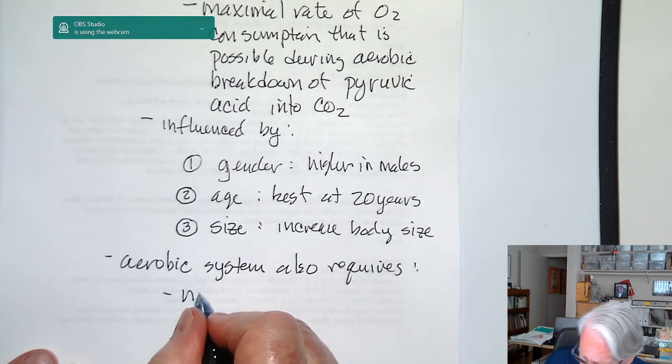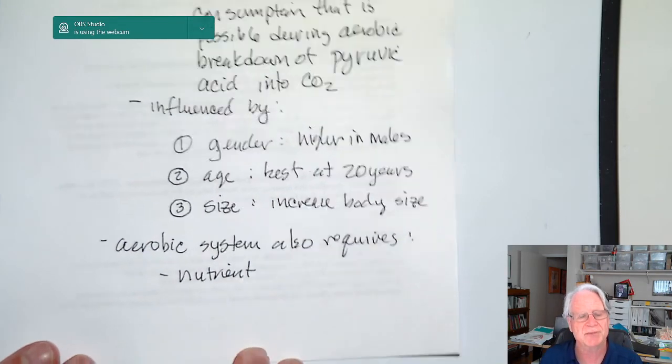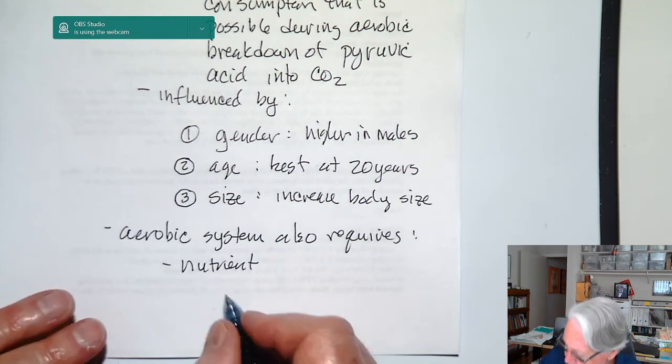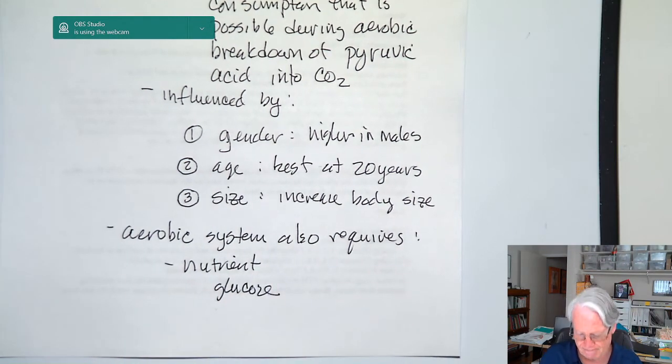It requires a nutrient, something to burn, because oxygen is not there to generate the ATP. It's used in that process, but what we need is glucose.